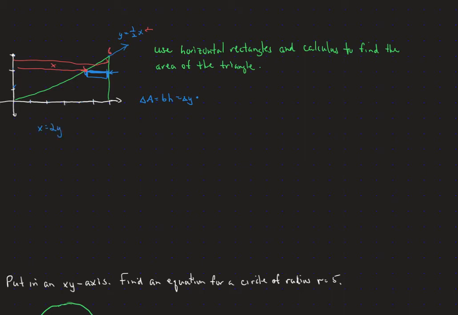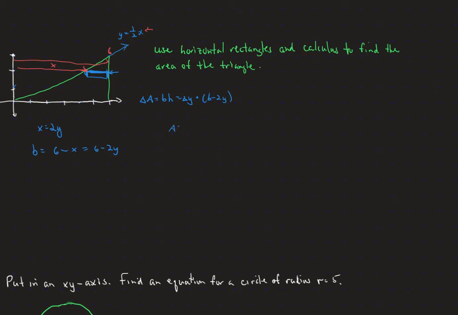So that means x is equal to 2y. So our base is going to be the right, which is the 6, minus the left, which is that x-coordinate, which we are going to write in terms of y as 2y. So that's going to be our base. So we're going to get a 6 minus 2y.